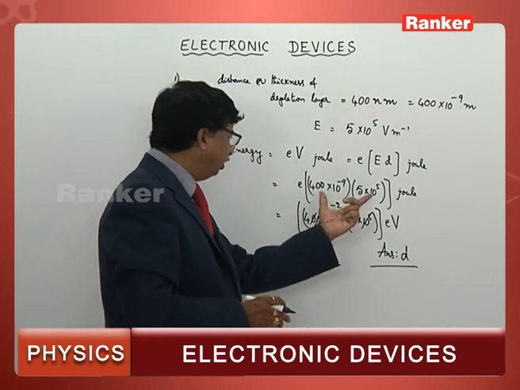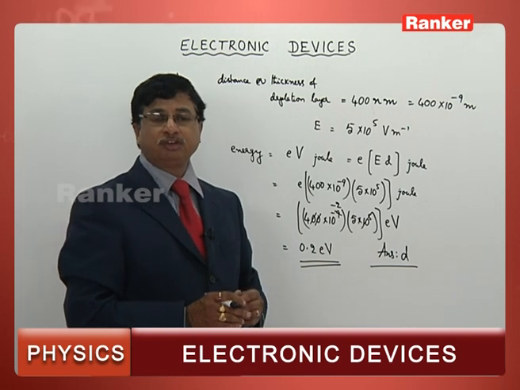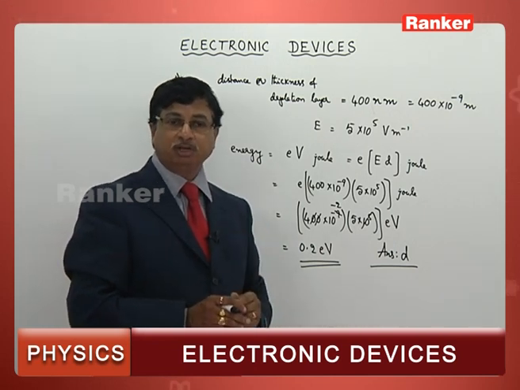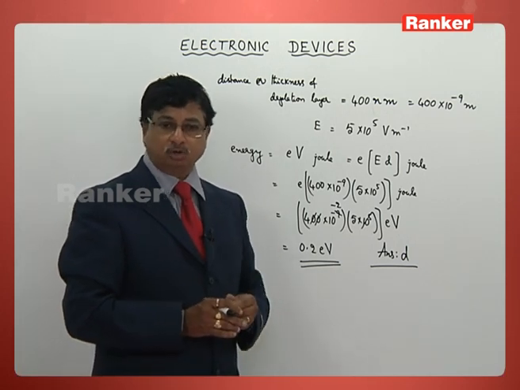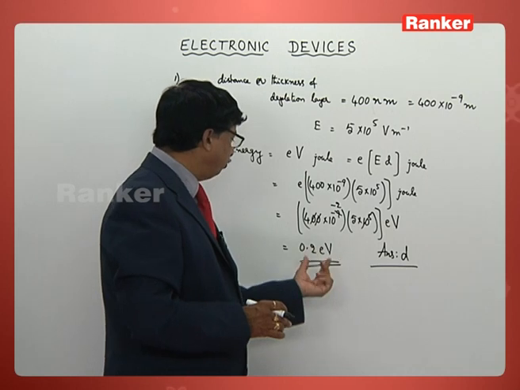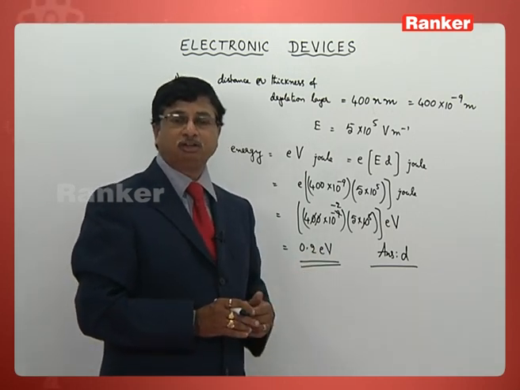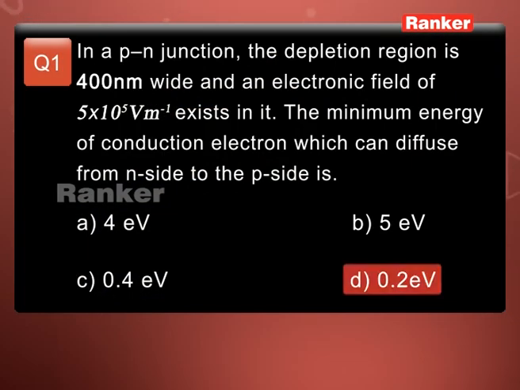Therefore, I have converted that over here. 1 electron volt is 1.6 into 10 power minus 19 joule. That conversion every one of us knows. So that is the conversion I have taken up to get the value of energy of that electron in terms of electron volt. So 0.2 electron volt, the correct answer, which is D. That is the correct option for us.